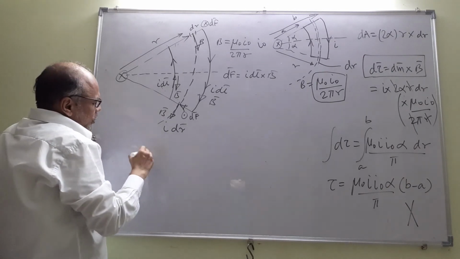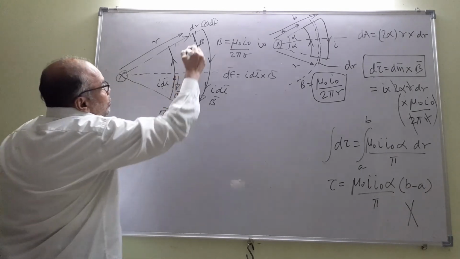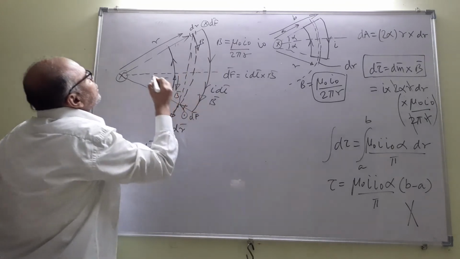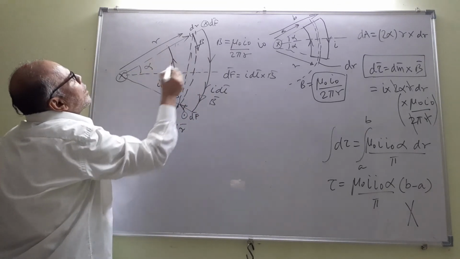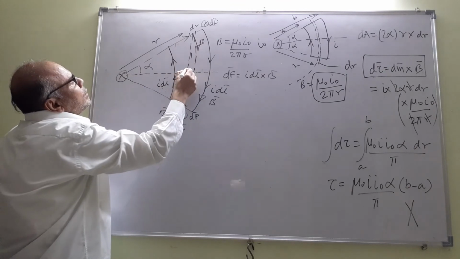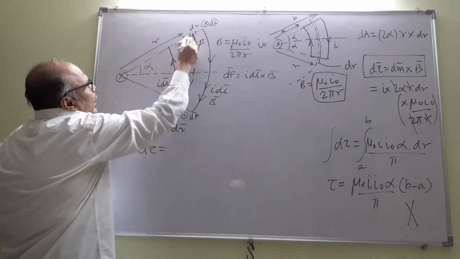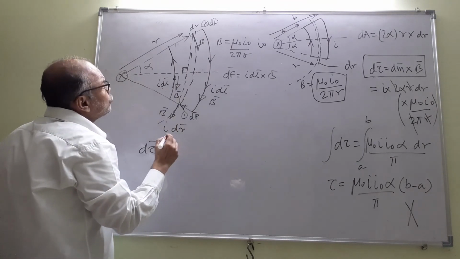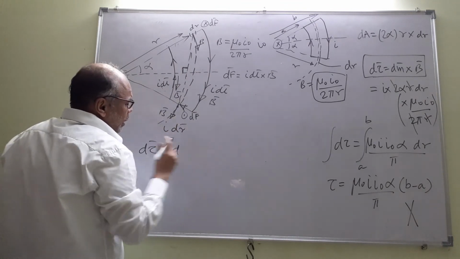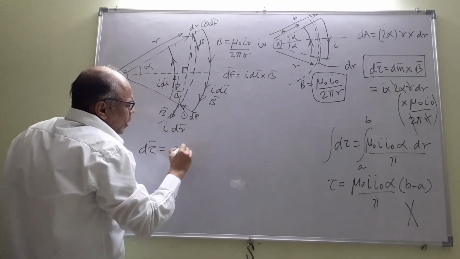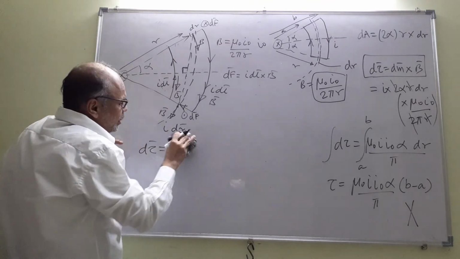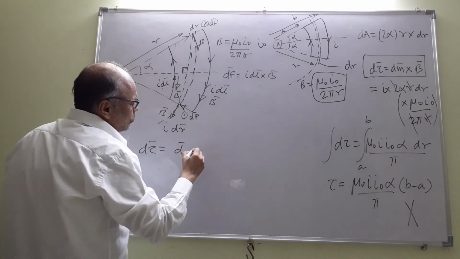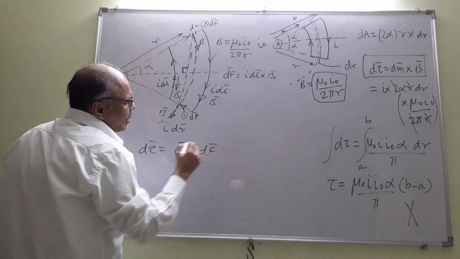So what is the torque? The torque would be the perpendicular distance between these two forces. This is alpha, this is a right angle triangle, this is 90, this is r, so this would be r sine alpha. dτ is dF into the perpendicular distance, I will call that d.